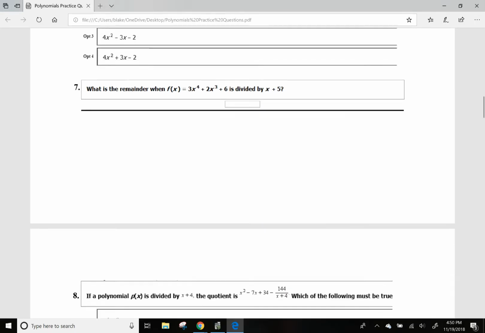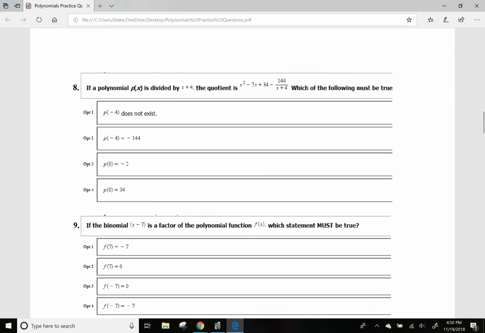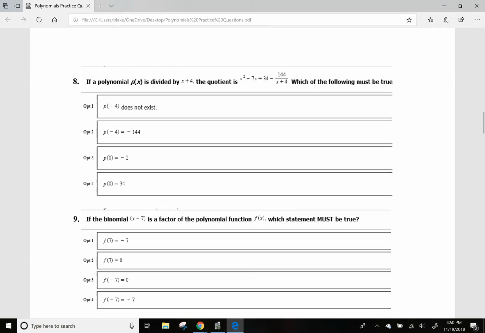So number 8, if a polynomial is divided by x plus 4, the quotient, so the answer, was x squared minus 7x plus 34 minus 144 over x plus 4. Which of the following must be true? So here's what I try to remind you guys of.